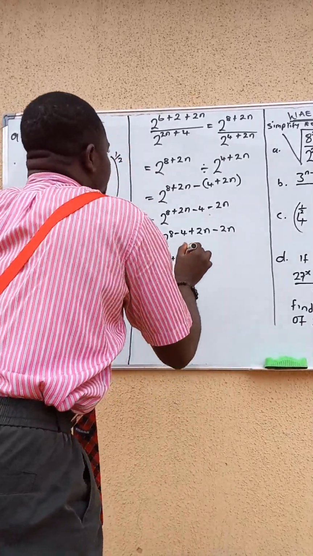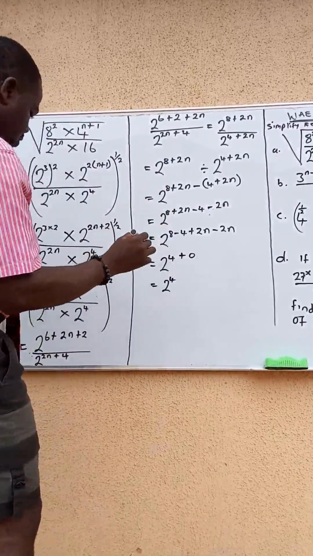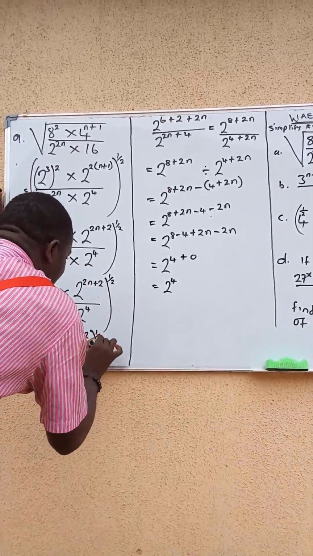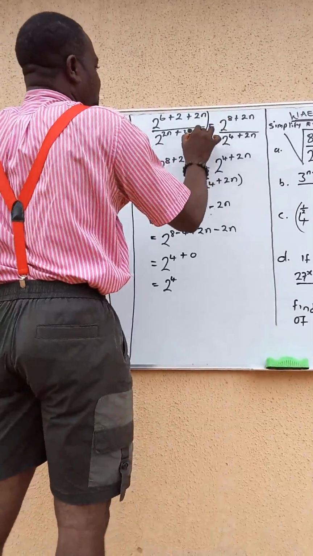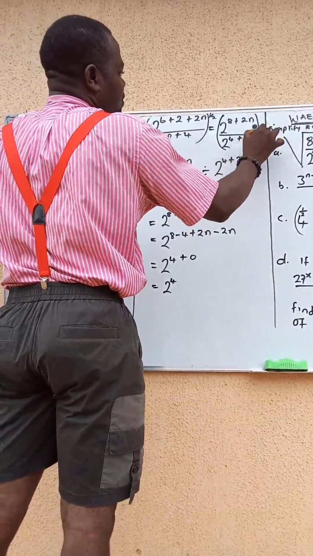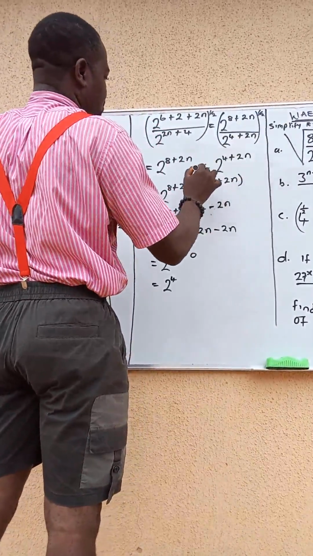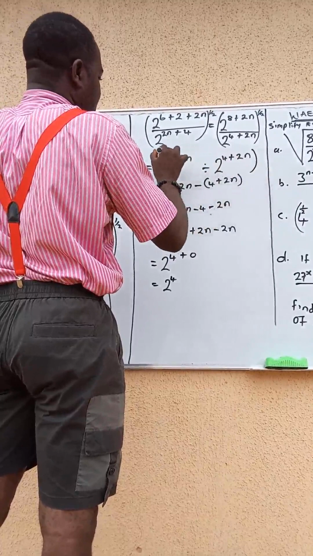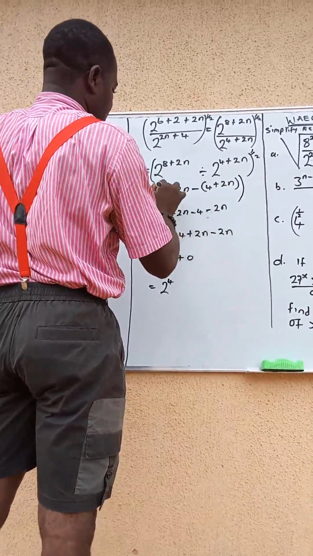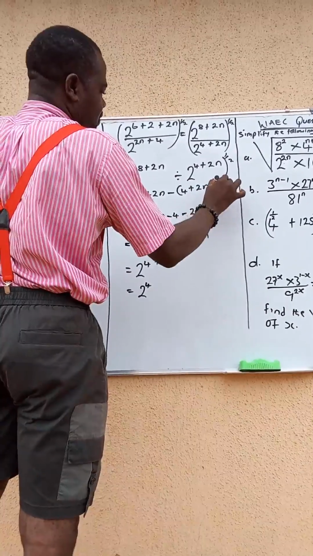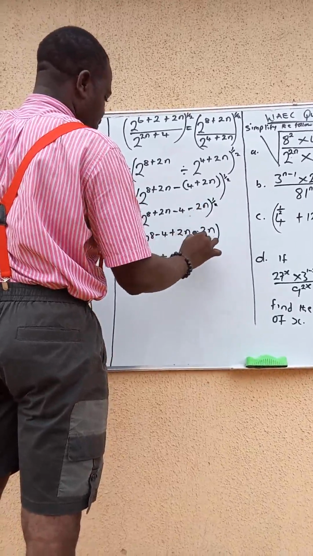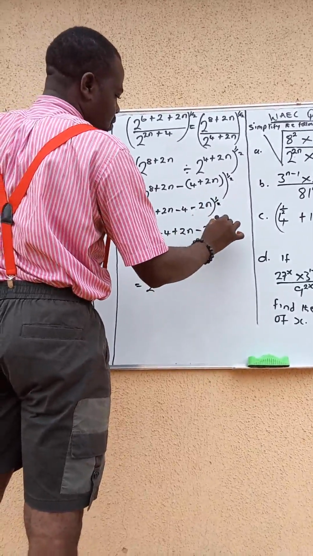And 2 raised to the power of 4, remember, from here, that's why I said don't forget, is half. 1 over 2, all this 1 over 2, raised to the power of 1 over 2, that is the square root.